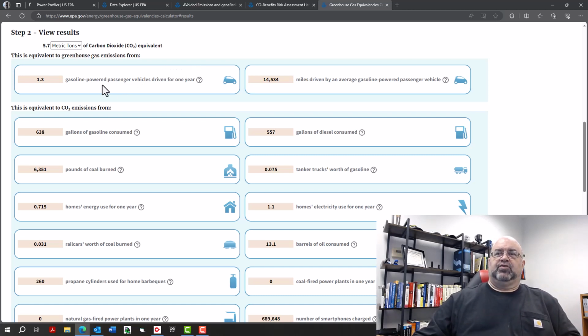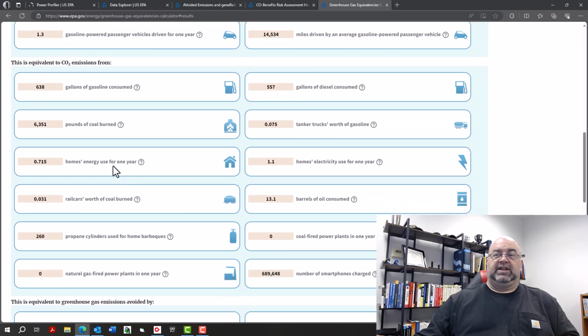That is the removal of 1.5 gas-powered vehicles per year, or the equivalent of 638 gallons of gasoline consumed. That's a lot of mileage. Trust me, I don't use that on any of my 1,400 mile trips. Or 6,400 pounds of coal burned, etc., etc., etc.